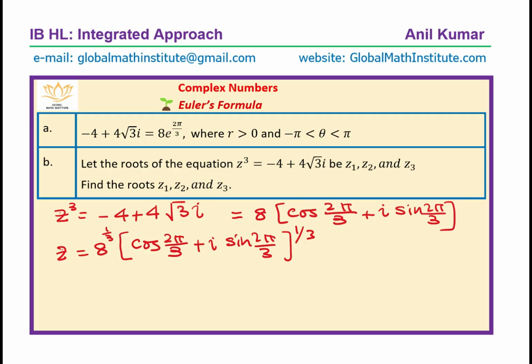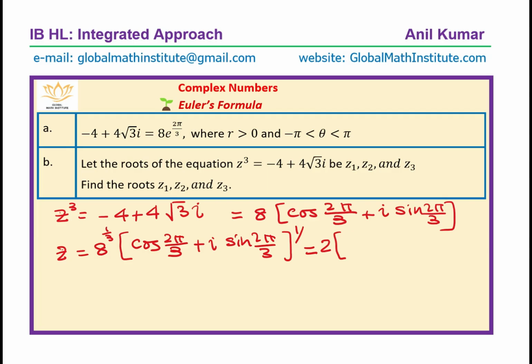Now, we need to provide the three roots. Cos and sine are periodic functions, so they are going to repeat after every 2kπ, right? So we could rewrite this as 8 to the power of 1/3, which is 2. So let's write 2 here instead.